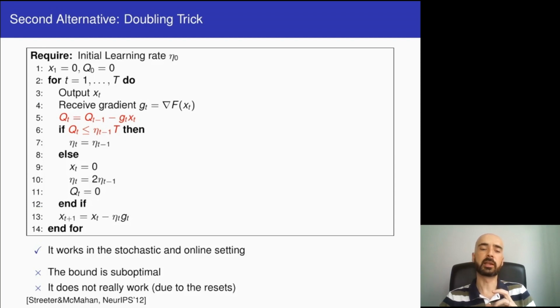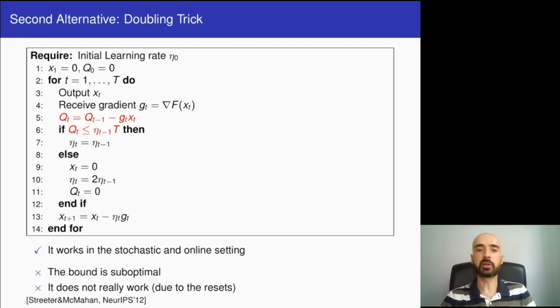The condition says, is this learning rate that you are using still good in a certain sense? If yes, keep it and just do your update step. If not, reset everything. Start again from 0, double your learning rate, and then start again optimizing.